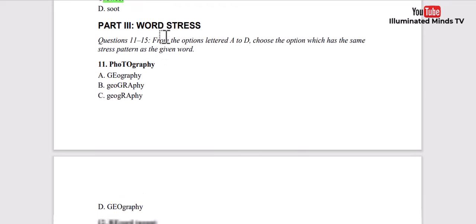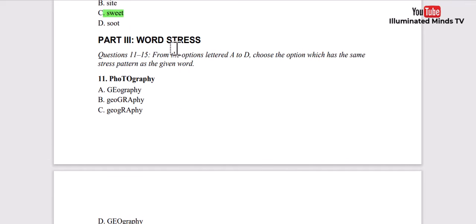Suit. Let us go to part 3, which is the word stress. Now, listen to the instruction from the options letter A to D. Choose the option which has the same stress pattern as the given word. Now, we have photography. Photography has stress on the second syllable.